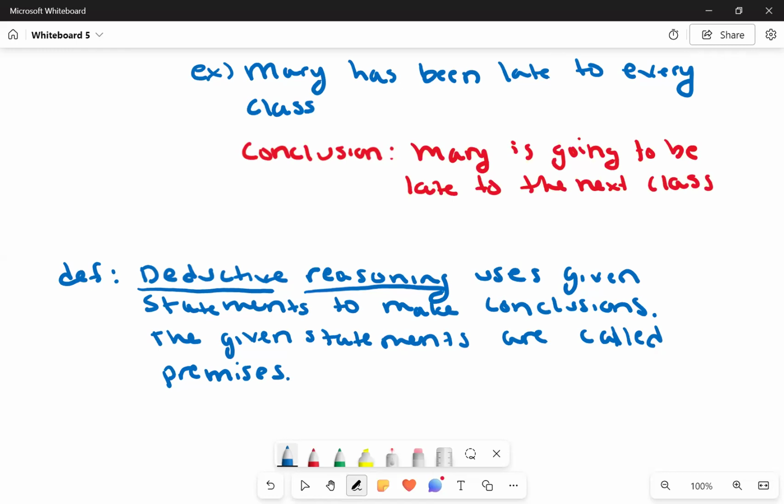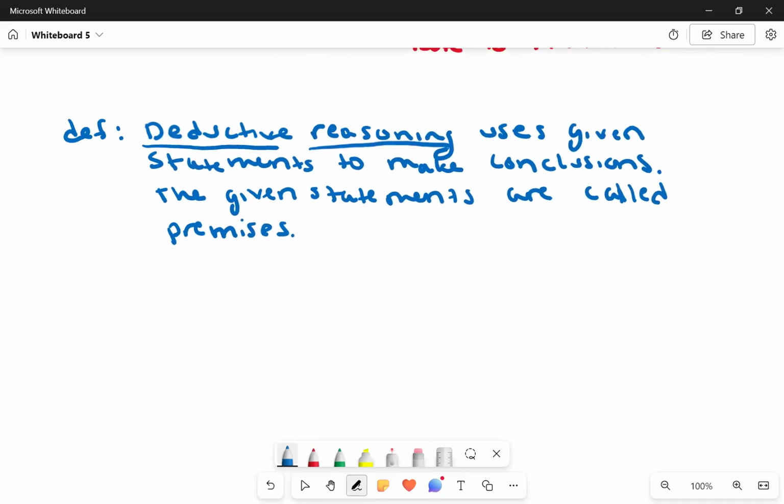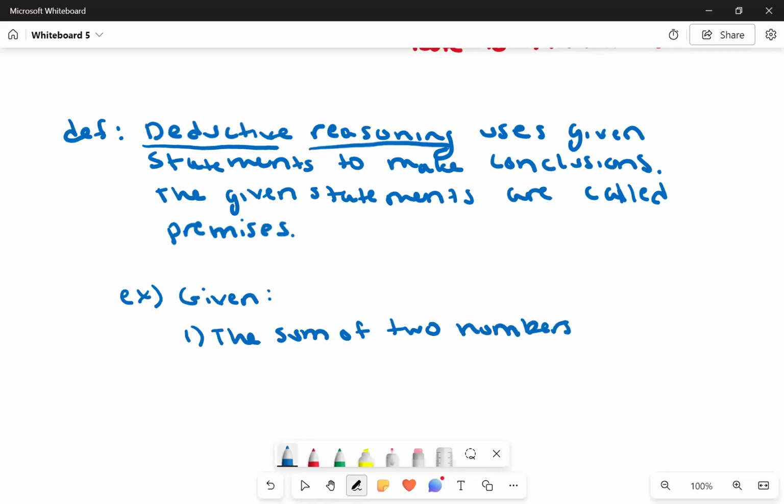All right, let me give an example of a deductive argument. Let's say we are given the following premises. The sum of two numbers is 243.